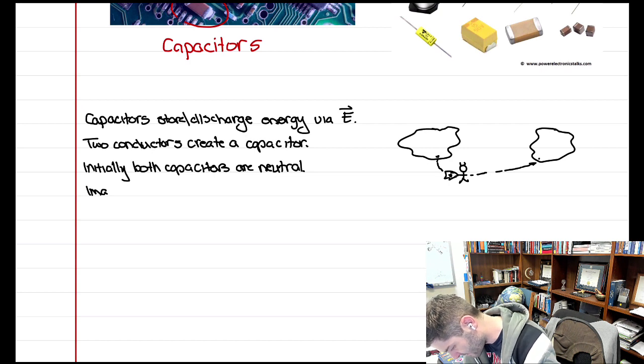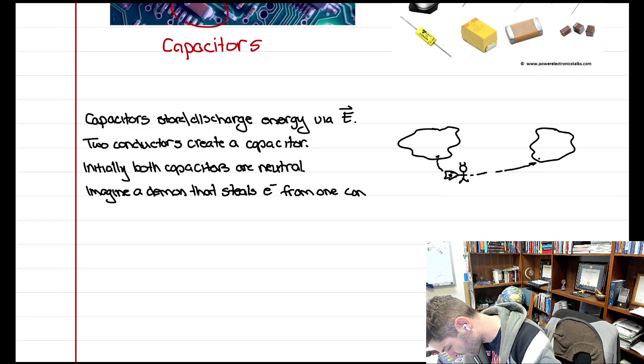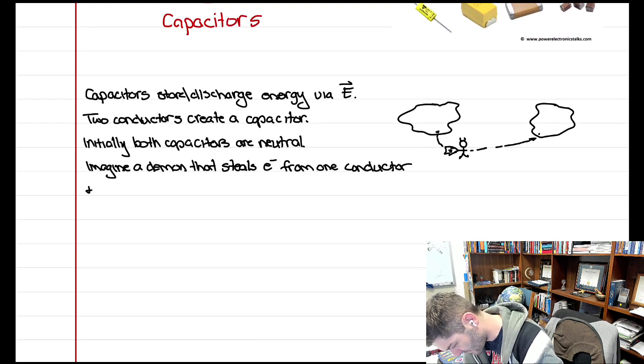So again, imagine a demon that steals electrons from one conductor and deposits them on the other.